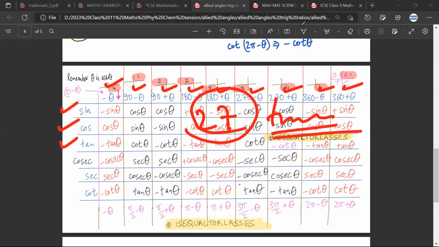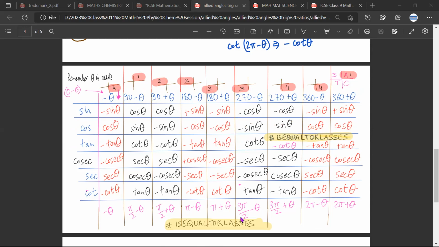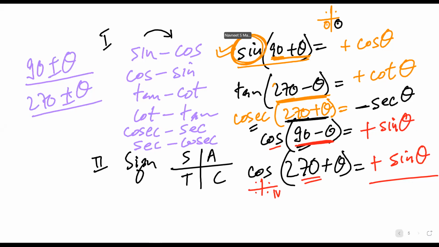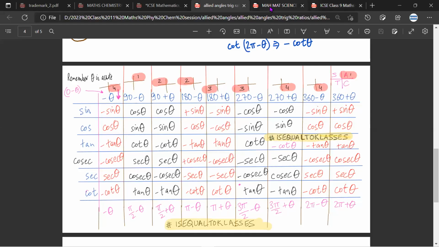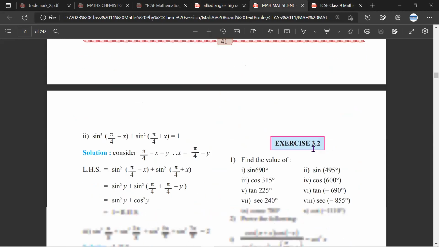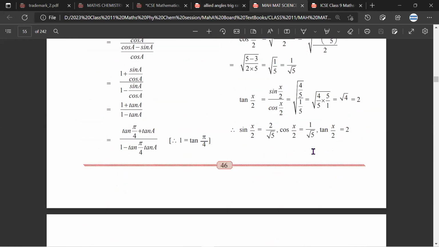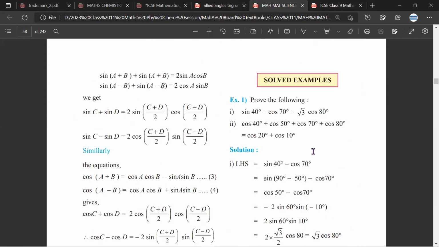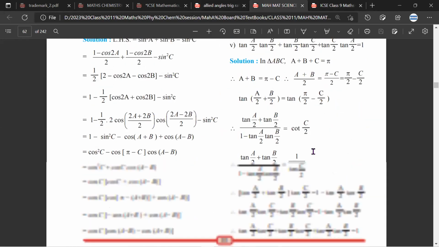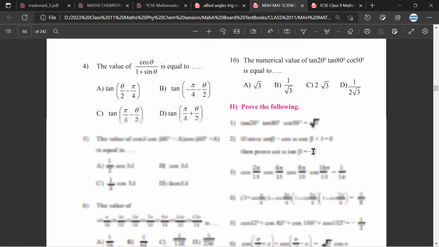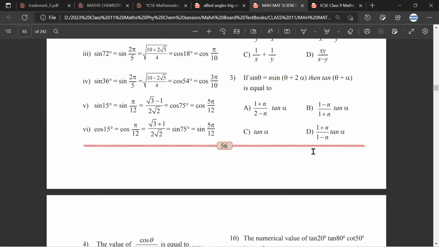So tomorrow, when we meet, we'll spend some time understanding these graphs, and we need to spend some time to discuss these results.